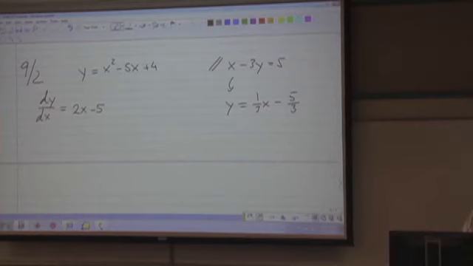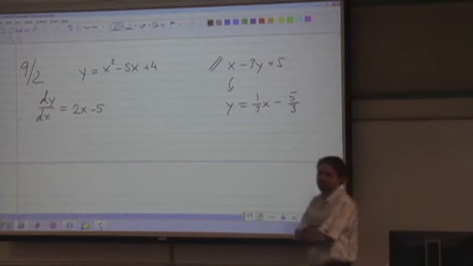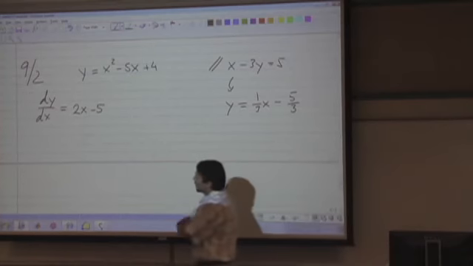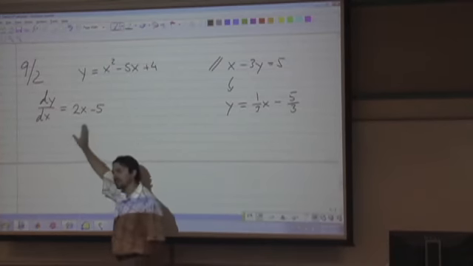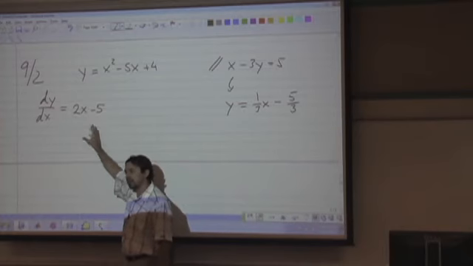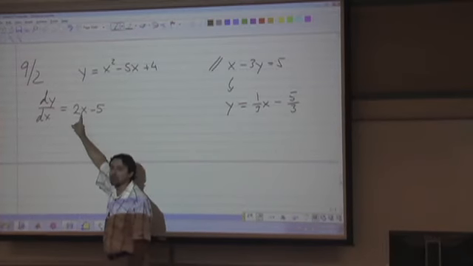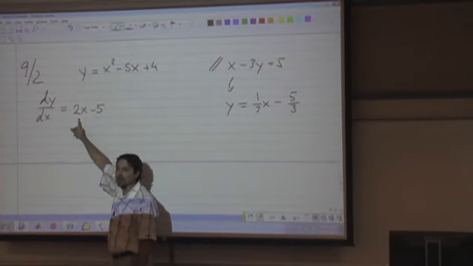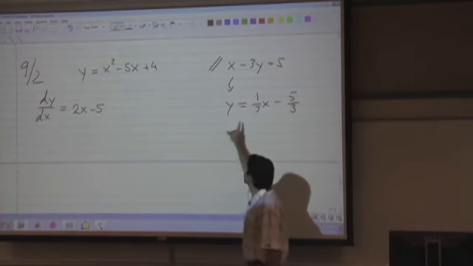So what should we do? Well, normally, how do you get to the slope of the tangent line? You take the derivative. What's the next step? Plug in your point in for x, right? And that would give you the slope.